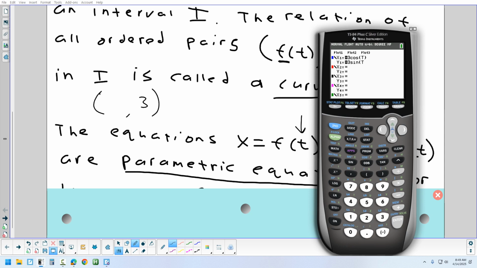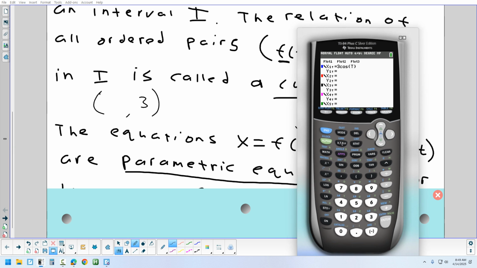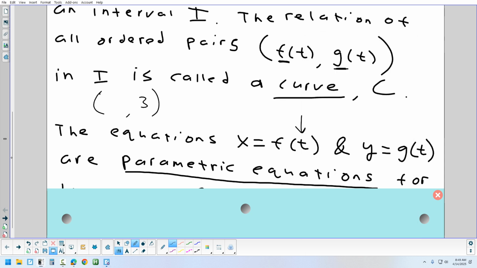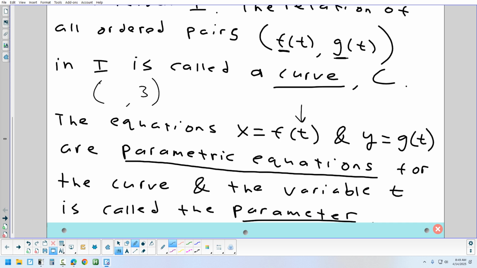So now, when you press the button right below mode, the button has an x, comma t, comma theta, comma n. When you press it, it now is going to give you a t. Before, it gave you an x. Right, so it's just a different variable that we use. And they generally don't call it a variable, they call it a parameter. It's the same idea. The parameter is the thing that can change in your function.